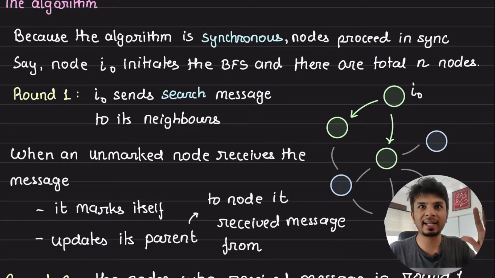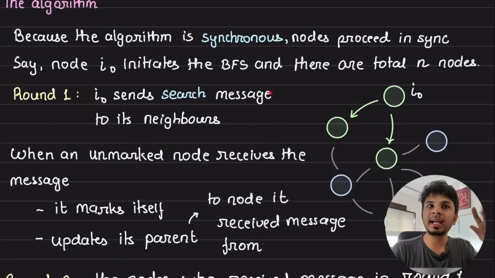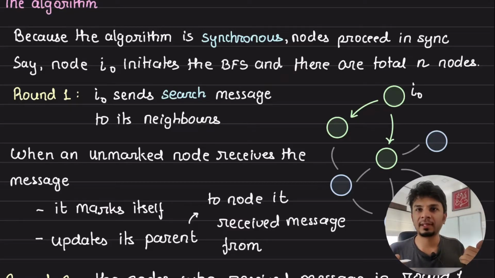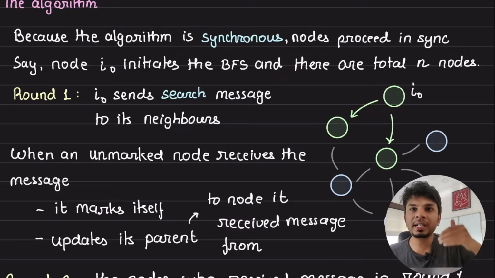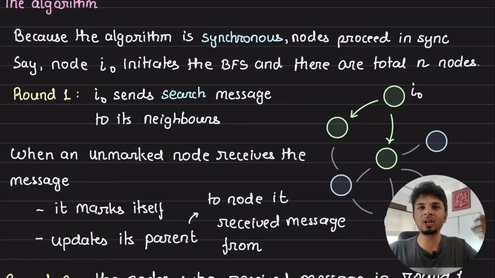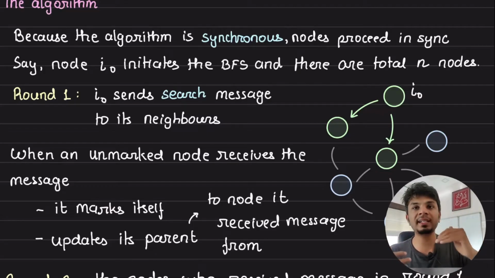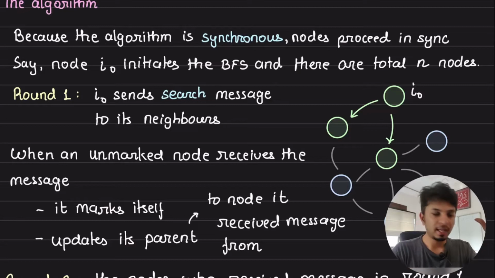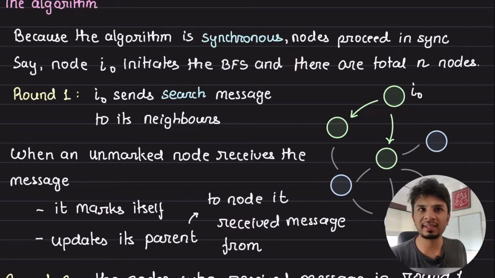Nodes proceed in sync, and let's say the breadth-first search has to be initiated by some node, right? When you are building that topology, you need to know that this is the node which is initiating the breadth-first search in my network. Now we say that, let's say I0 is the node that initiates the breadth-first search, and there are a total of n nodes in the system.